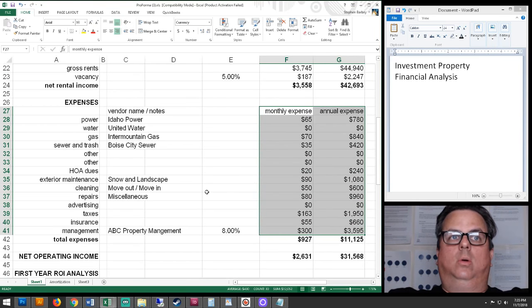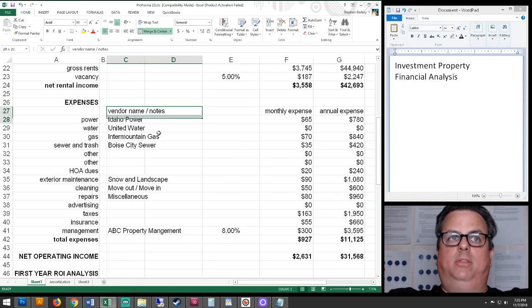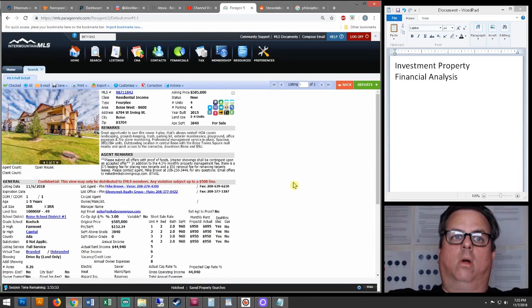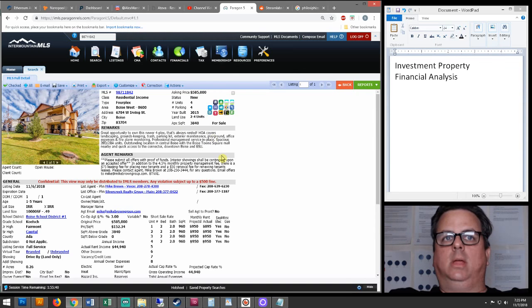Because if you don't cite the expenses of the property, it becomes impossible for a buyer, or an agent representing a buyer, to do a proper financial analysis. So now you're asking somebody to spend $500,000 on a property, but you haven't given them the information needed to make an educated decision.